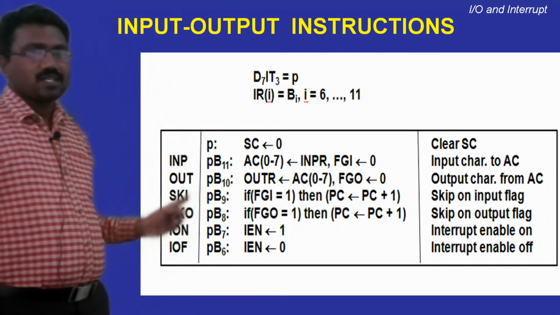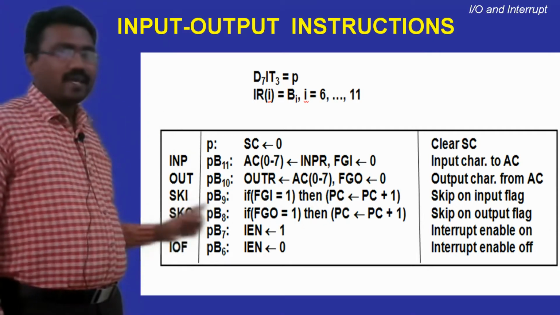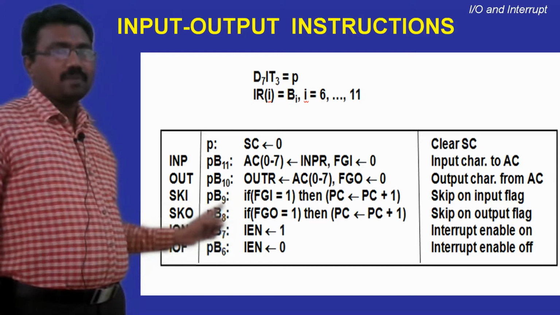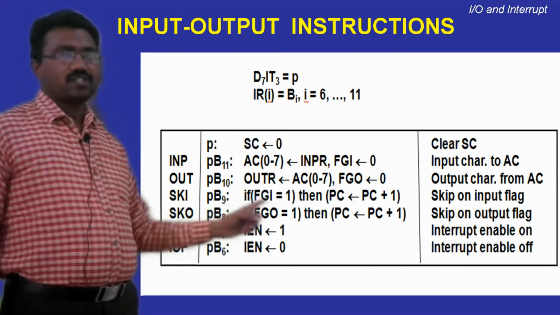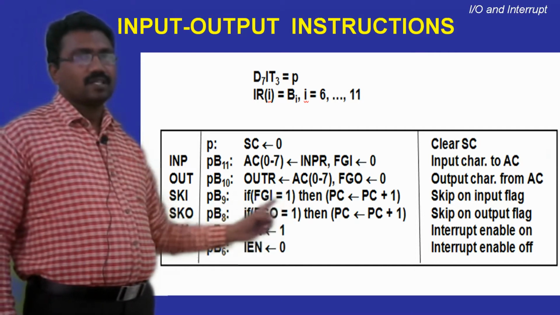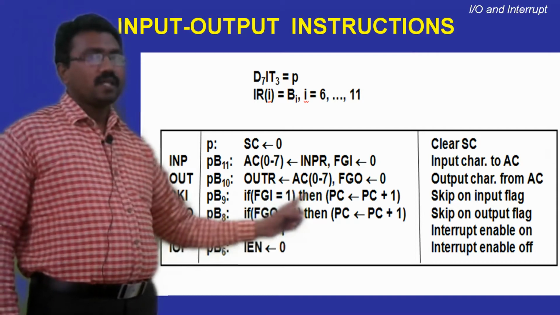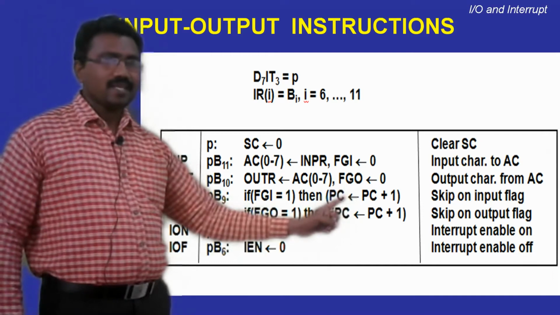Next instruction is SKI, skip on input flag. The control function is PB9. This is a conditional branch instruction. If FGI is equal to 1, meaning the input flag is 1, then skip the next instruction. Generally every time the PC is incremented by 1.